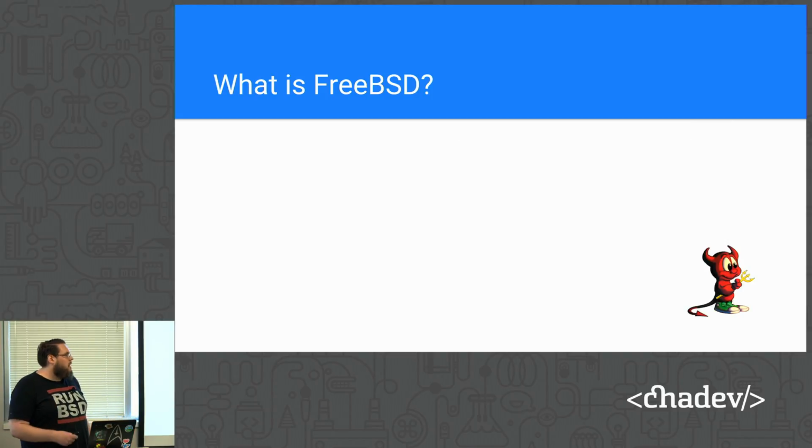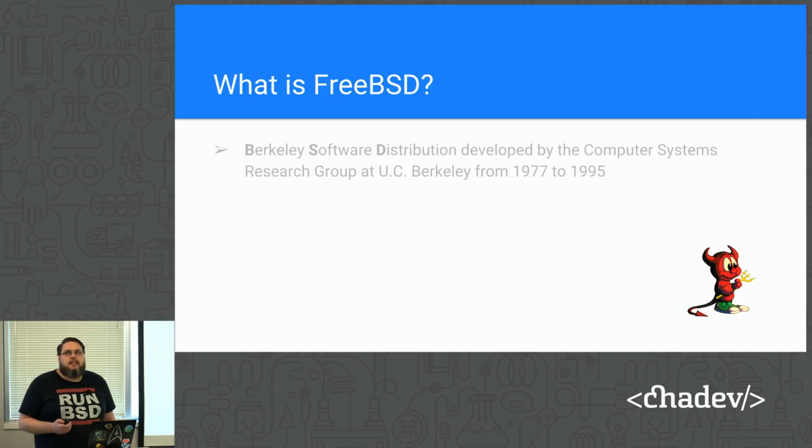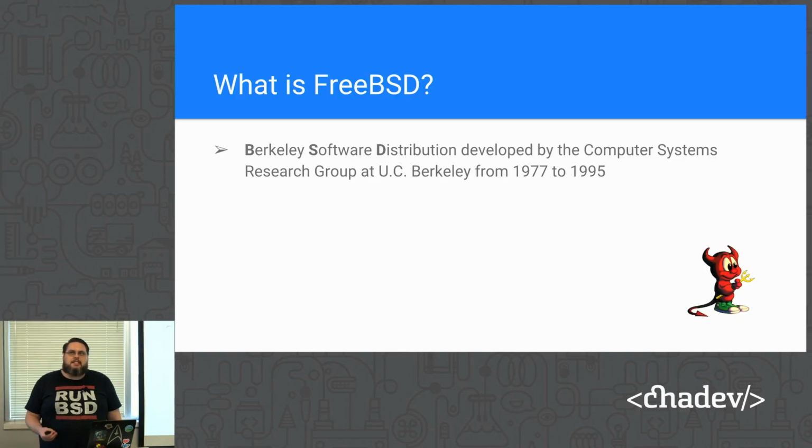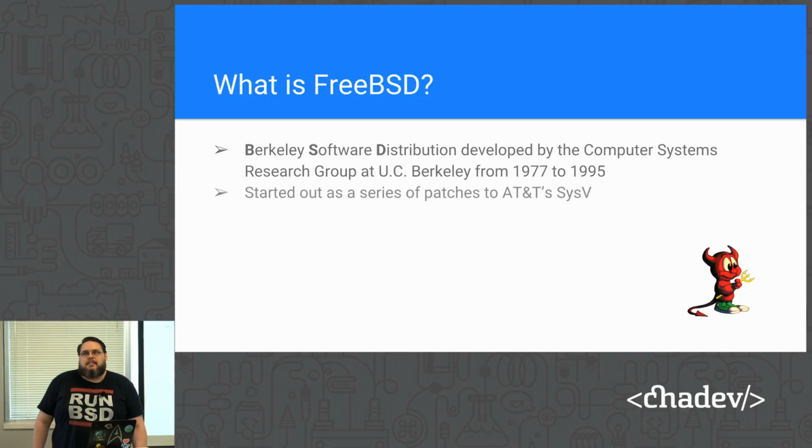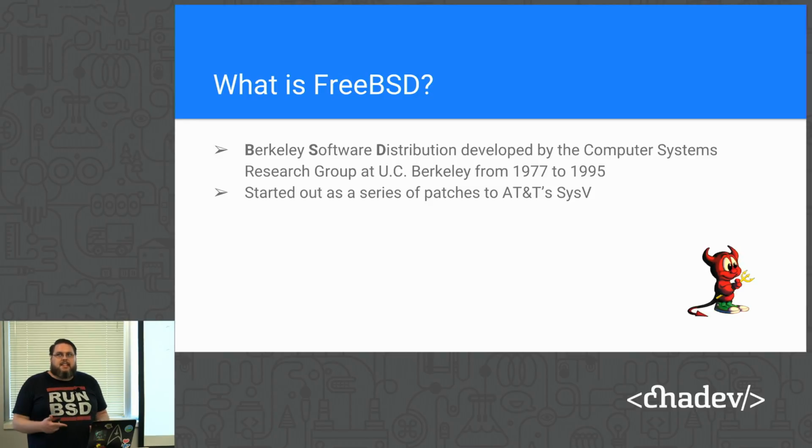So a little bit of history about what FreeBSD is. The Berkeley Software Distribution was developed by the Computer Systems Research Group at Berkeley University, California, between the years of 1977 and 1995. It started off as a series of patches to Bell, at the time Bell Labs, but AT&T's SysV Unix.